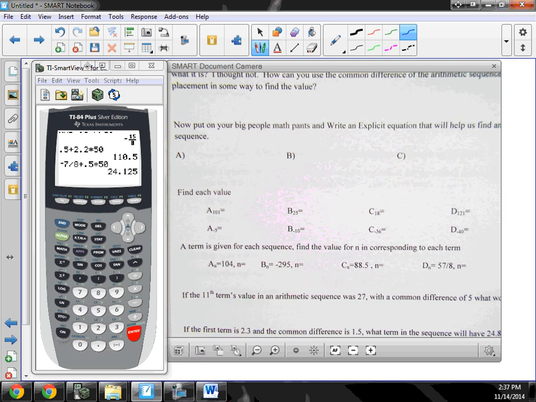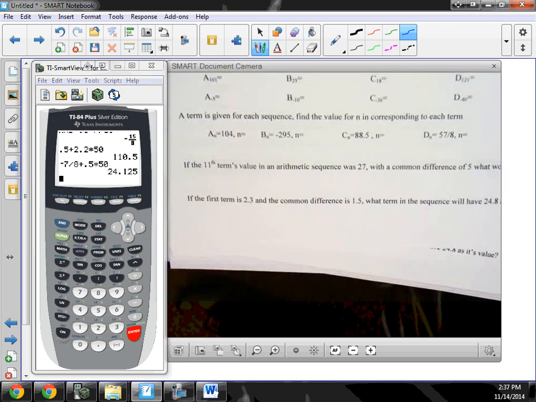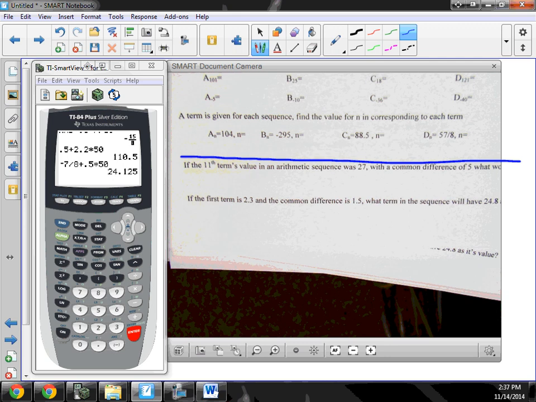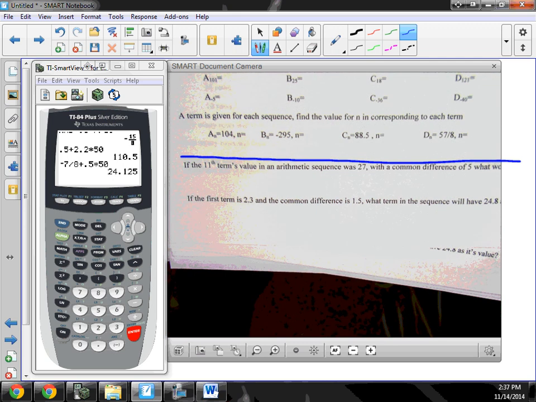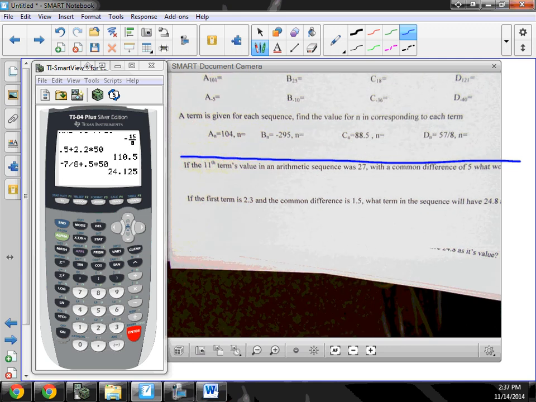And then you get to this problem. If the 11th, so here we stop using the A, B, C, D. We're going on to sequences that we have yet to define. If the 11th term's value in an arithmetic sequence was 27, with a common difference of 5, what was the original value?